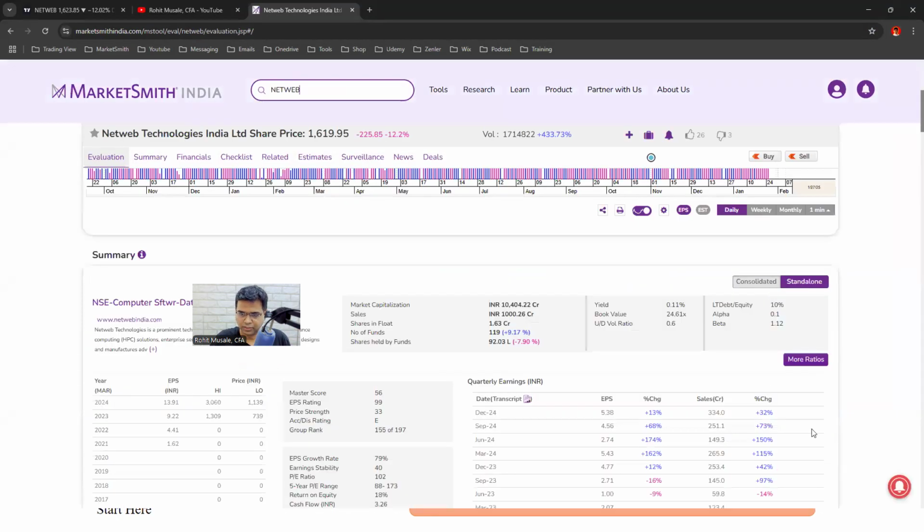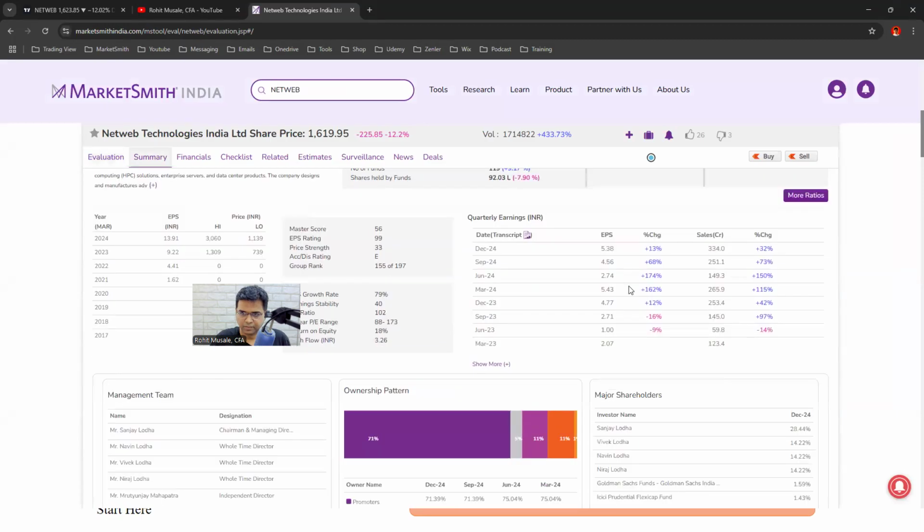I click on consolidated. See, in June, the EPS growth was 174, sales growth was 150%, triple digit sales growth, triple digit EPS growth. And that too accelerating. So 12%, 162%, 174%, 42%, 15%, 150%.